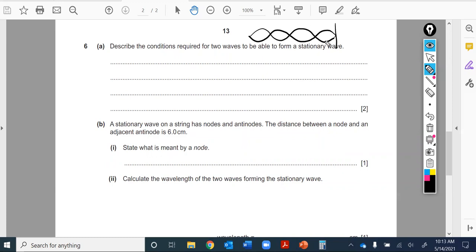The outgoing wave and the reflected wave are coherent. That's necessary to have interference. Okay, so the waves must meet, and so they have to overlap, right? The waves must meet and be coherent.